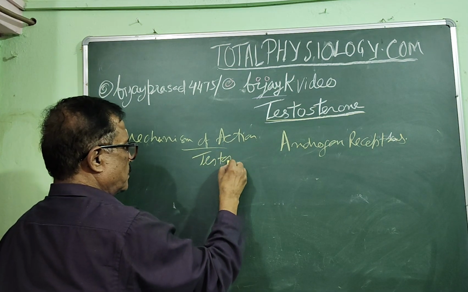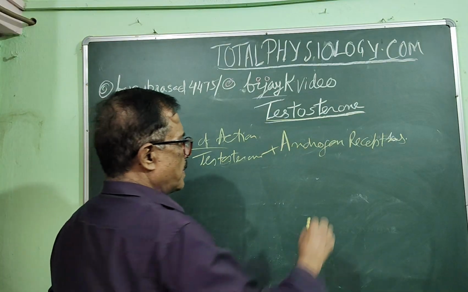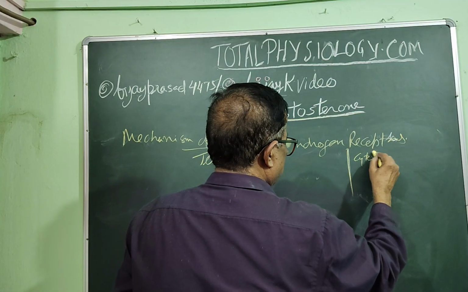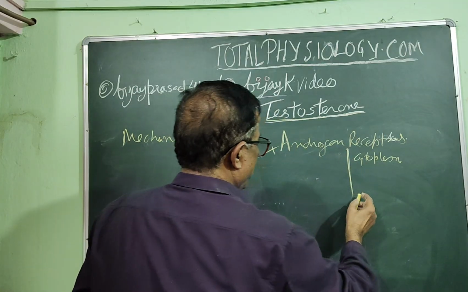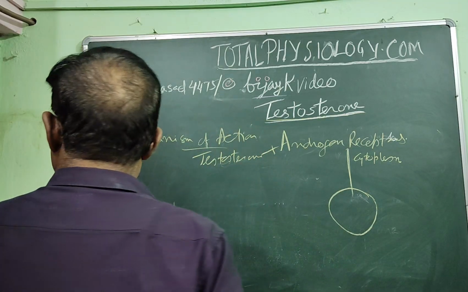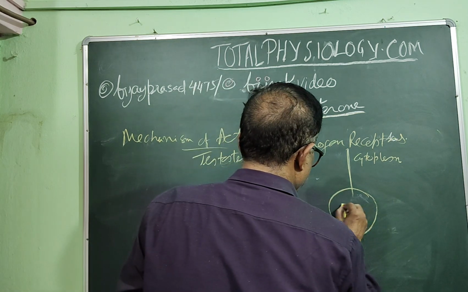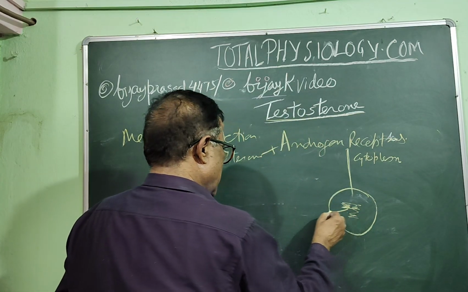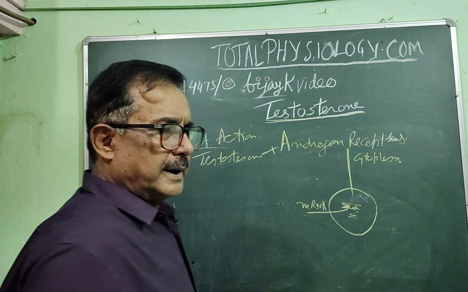Testosterone plus androgen receptor, present in the cytoplasm of the cell, enters into the nucleus, where it causes stimulation of DNA, and mRNA, messenger RNA, is formed.